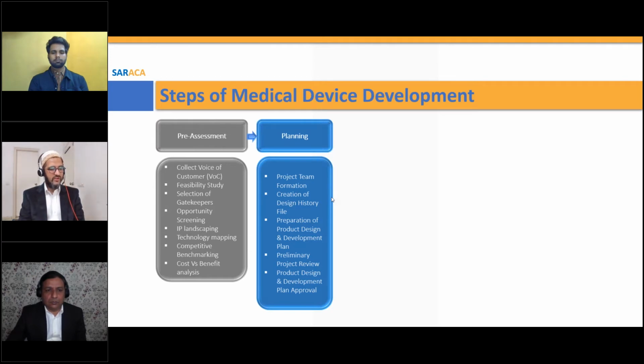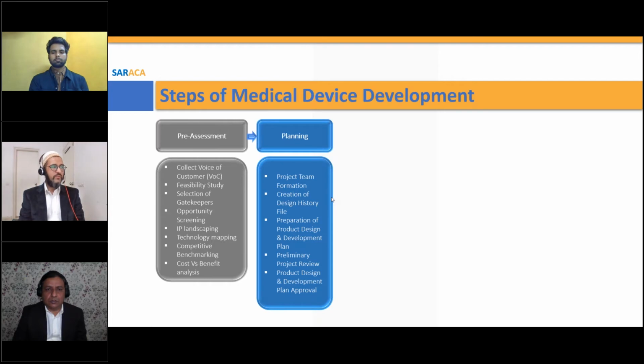The design history file will have all the design related data from your design and development. Then preparation of the product design and development plan. The development plan itself will talk about what you will be deciding, what standards you will be following, what regulatory pathway, and what markets you will be going into.